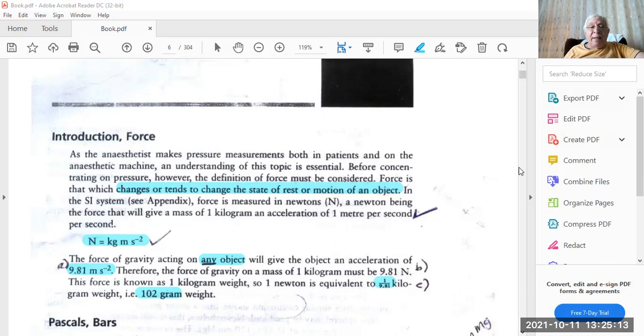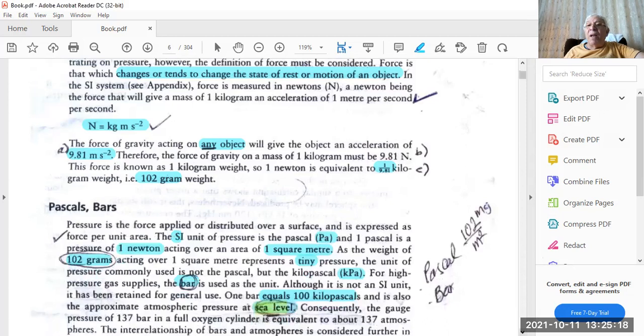El Pascal and bar. El Pascal is the Systeme International unit expressing pressure. As we said before, or we'll tell later on, pressure equals a force on the unit area.